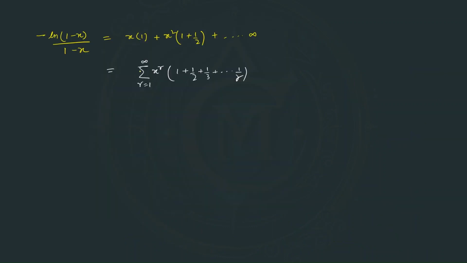So we can get the value of this s infinity by taking the negative of this expansion, r equal to 1 to infinity summation x to the power r times 1 plus half plus so on up to 1 by r, evaluated at x equal to minus 1 by 3.